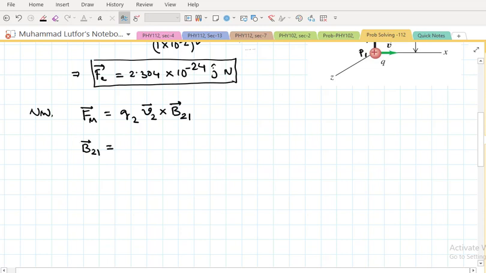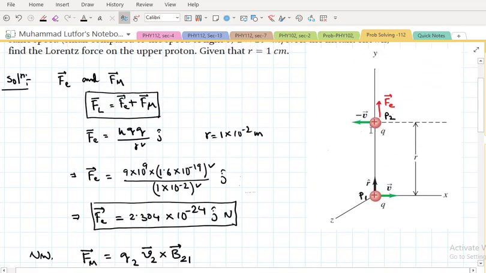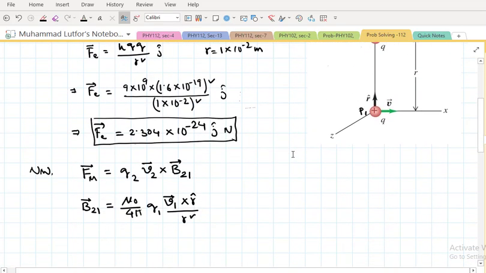We can find it using the Biot-Savart law, which is mu naught divided by 4 pi times q1, the charge of proton 1, times the speed of proton 1, v1, times r hat divided by r squared, where r is this distance here.